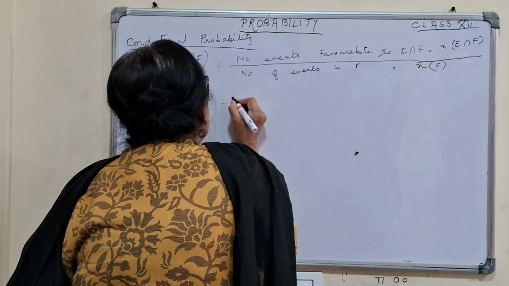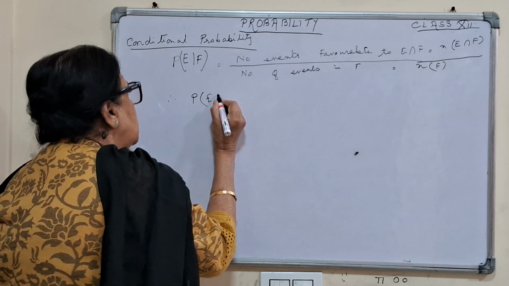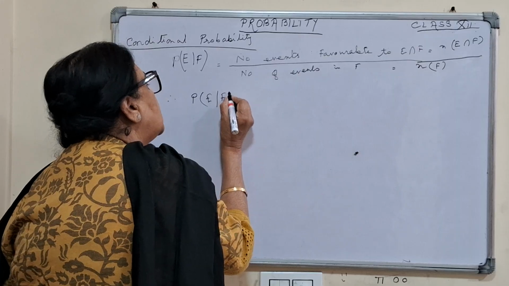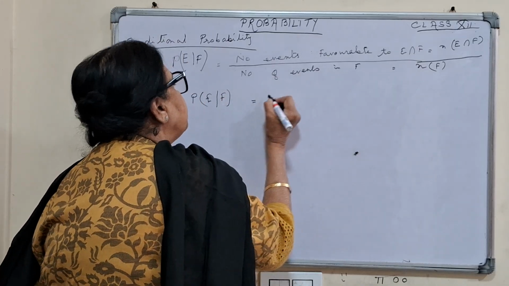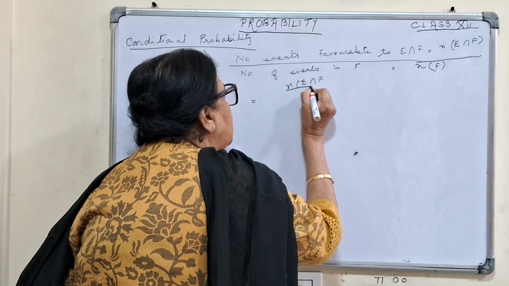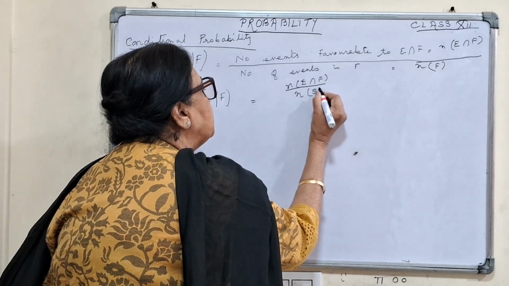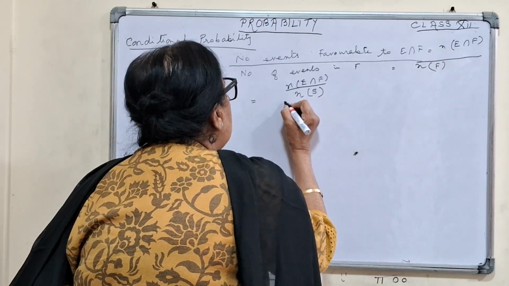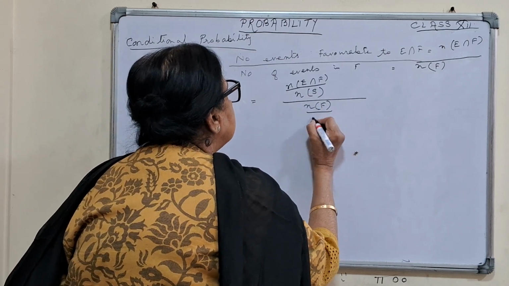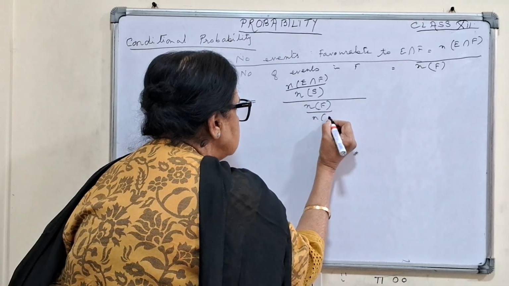Therefore, the conditional probability of E when F has occurred is equal to N of E intersection F divided by the number of F. I am dividing this number of F by the number of the sample space.